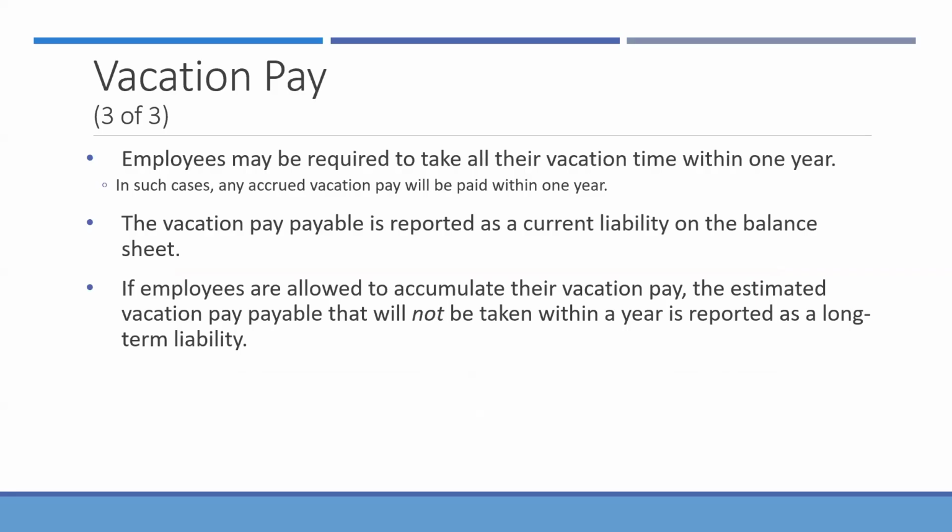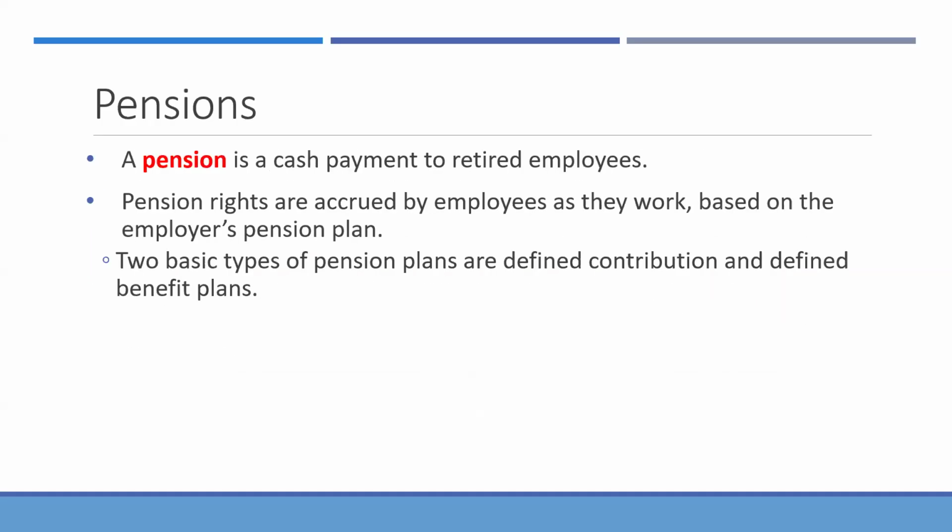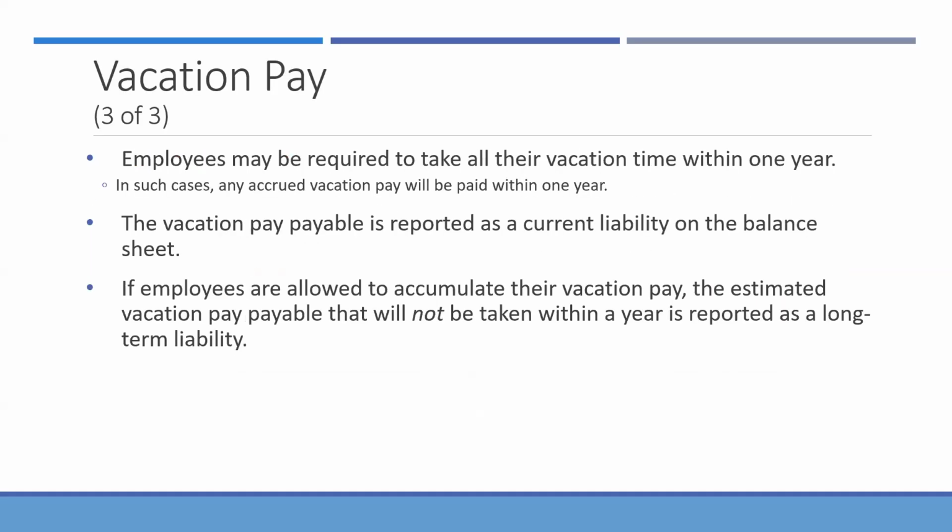Employees might be required to take it all within 1 year. And that can make it simpler to know that it is a current liability. However, if somebody has accrued an exorbitant amount of vacation over their time and they're not going to use it in the year, then that portion would be a long-term liability.